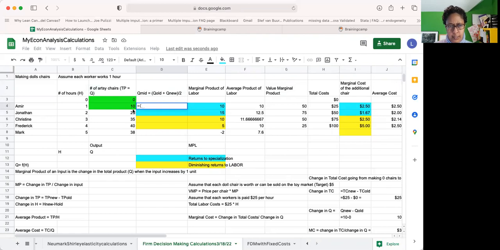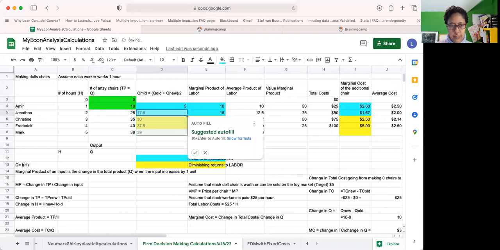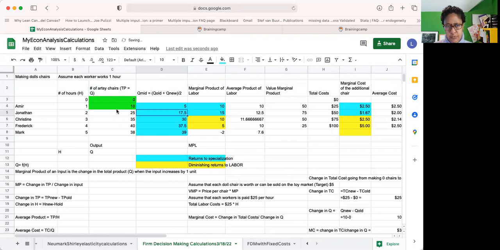And so I'm going to add the two quantities that it took to get that marginal cost, divided by 2, and I'll do that for everything here. So the midpoint of 10 to 25 is 17.5. The average of 25 and 35 is 30.